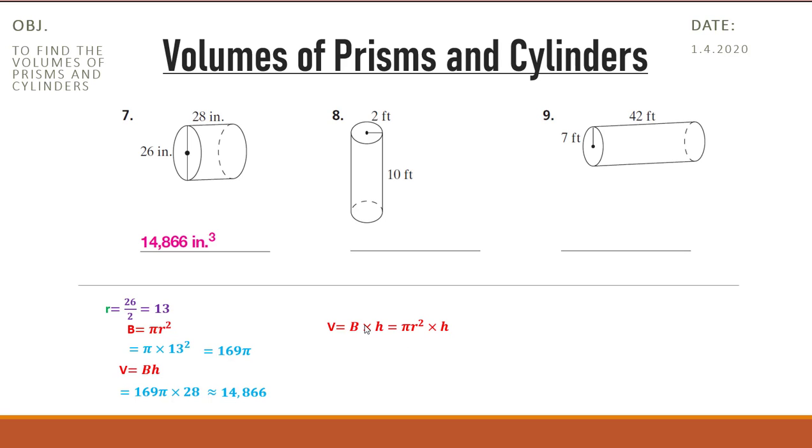So I will remove base area and write pi r square and use it as pi r square h. So this is the rule of the volume of cylinder. Okay? To do it in one step. And now we have pi, we have the radius, we have the height. Use your calculator, tell me the answer in the chat.